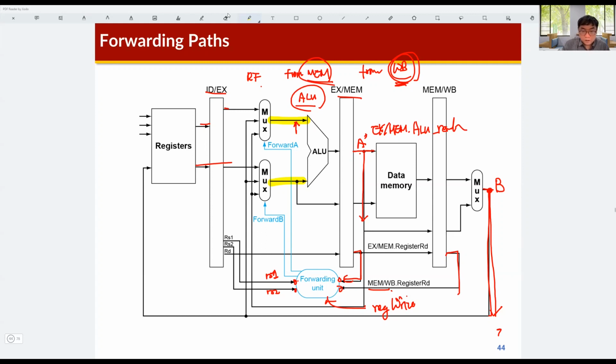That means the ALU has three possible paths for its input operands. You can also find two multiplexers in front of the inputs of the ALU. The first path is the normal path from the output of the register file.